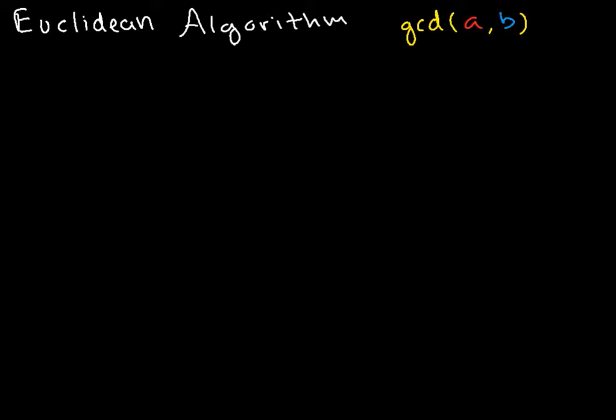So step one, if A is larger than B, then let's say this is A and this is B. Then the remainder is what it takes to get B up to A. And you'll replace the larger number with the remainder. Okay, so this is the whole thing in a nutshell.